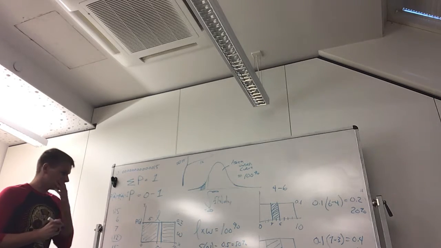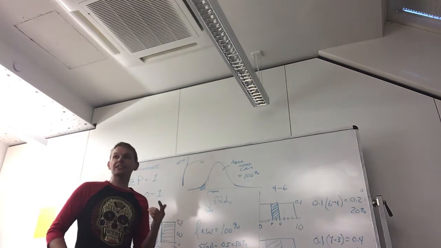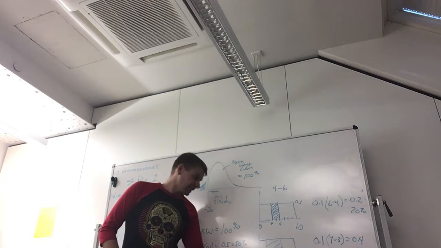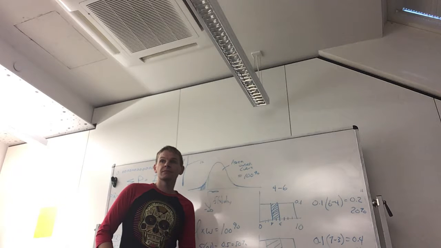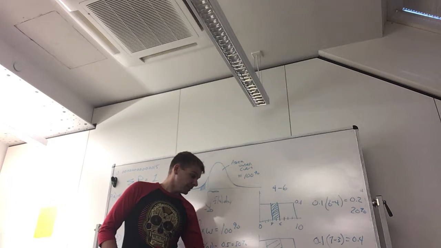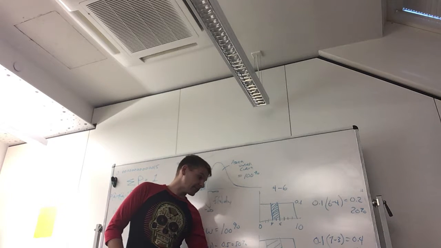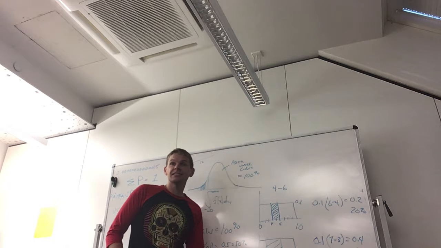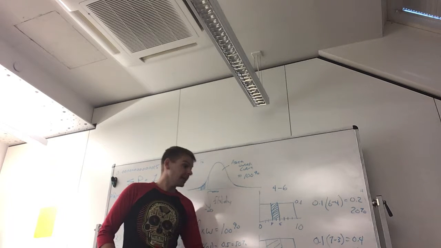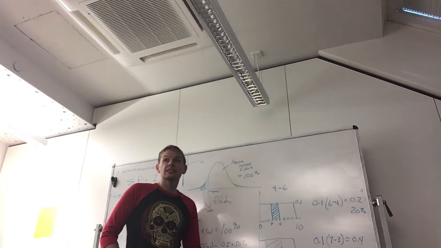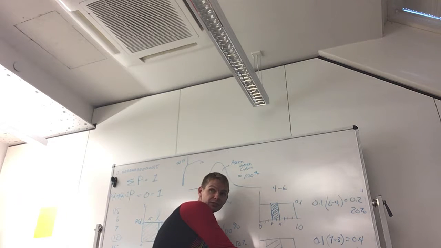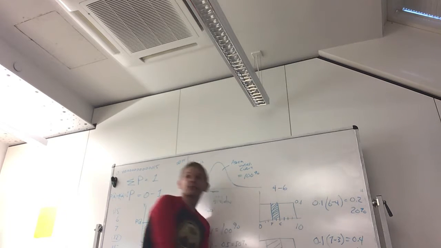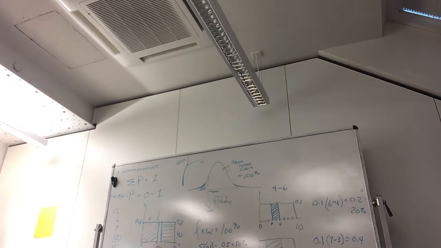So if I say, what is the probability of waiting for a train from 0 to 3 or 7 to 10 minutes? We know this piece is equal to 40%. So that means the rest of this is equal to 60%, so each one is equal to 30%.